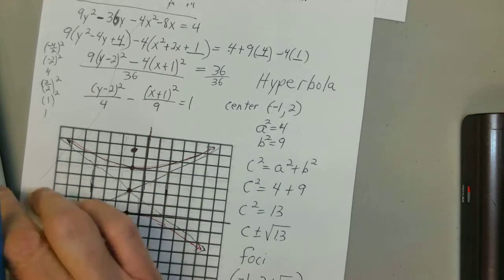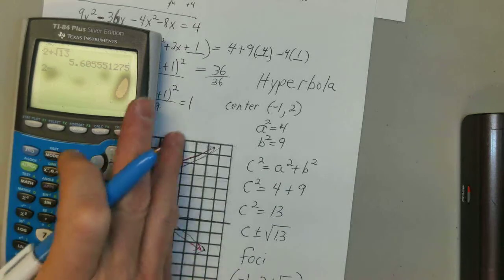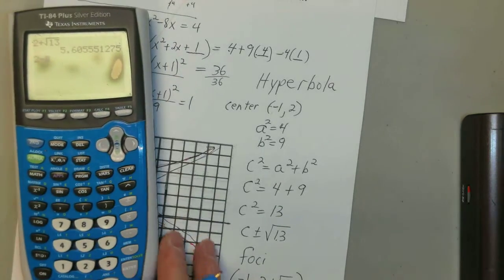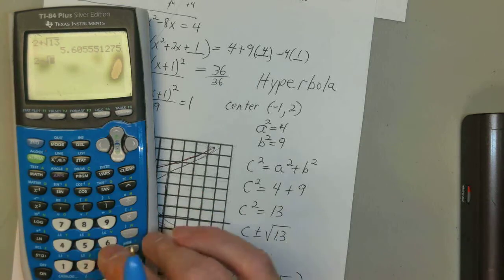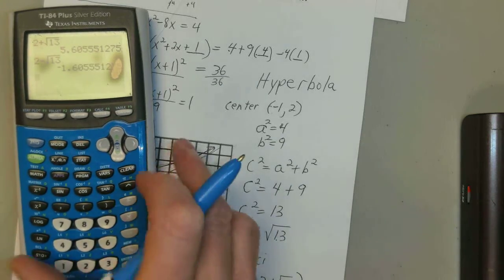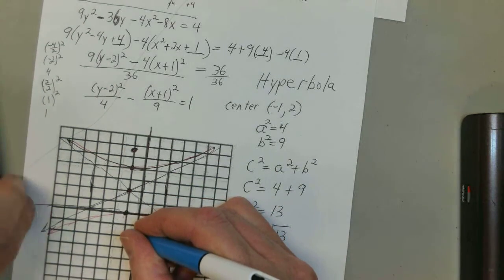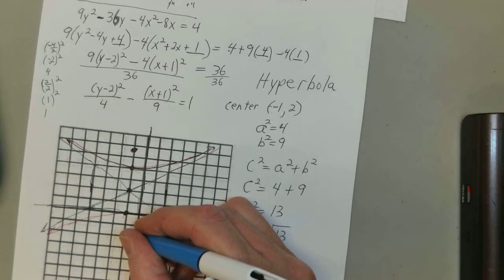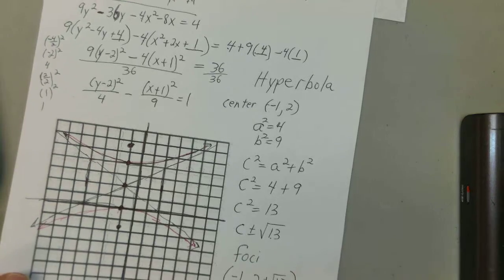And 2 minus square root of 13 is -1.6. There's the other focus. All right, there we go with that one.